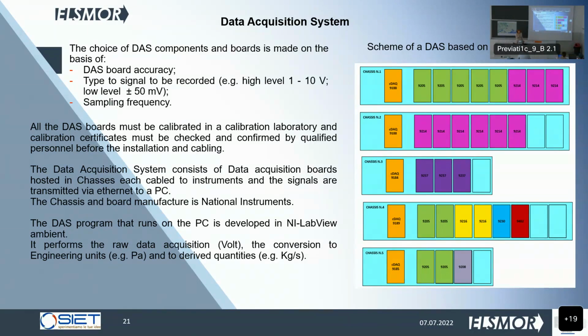So there are specific formulas and routines that transform a measurement of differential pressure into kilos per second. So at the end, we have a file of data that includes all the variables we need.